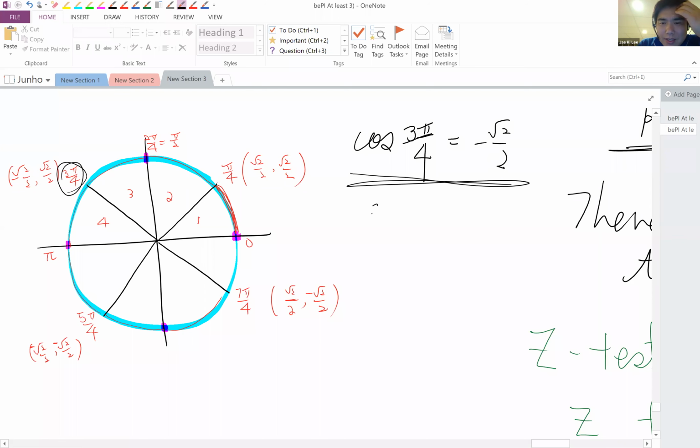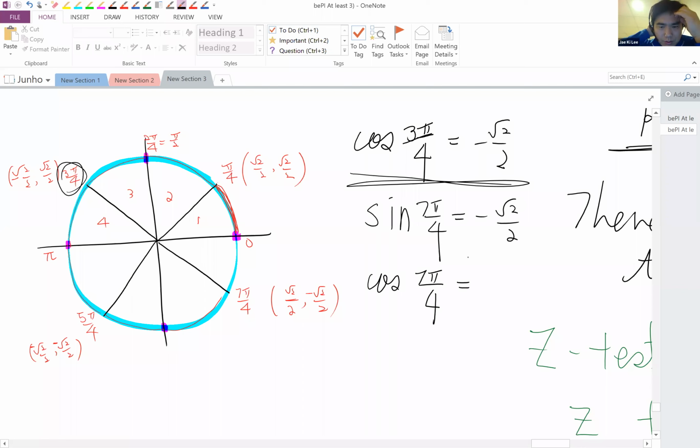What is the sine of 7 pi over 4? Negative root 2 over 2. Yeah. And what about cosine 7 pi over 4? Root 2 over 2.